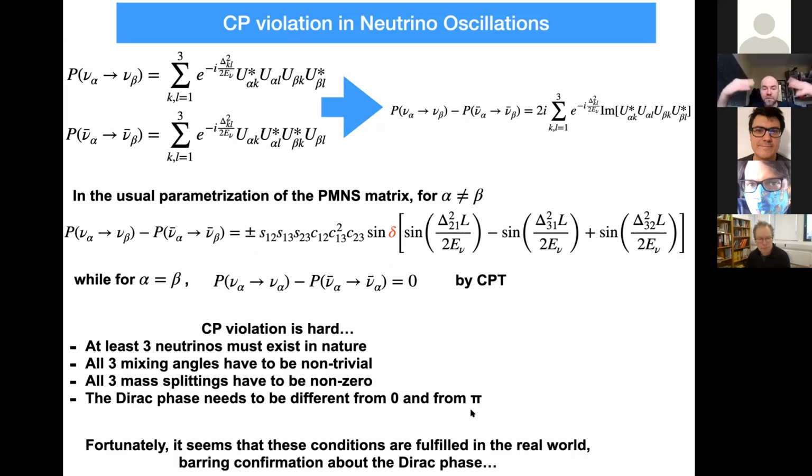Yeah, but there are all these conditions that you have to satisfy, and they are mounting, and you never know when it ends. And fortunately, it seems that all these conditions are satisfied in the neutrino sector.